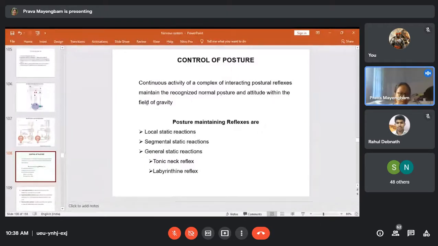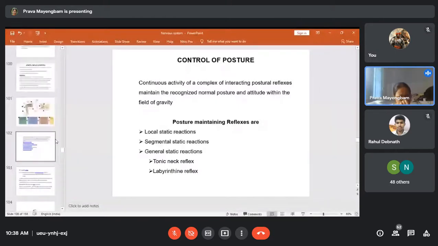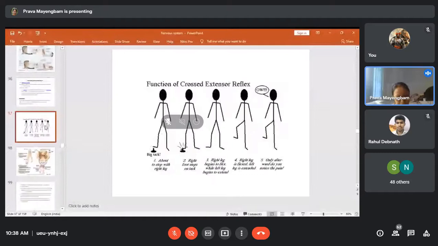This is the figure I was showing yesterday. You see, in this reflex, what happens?